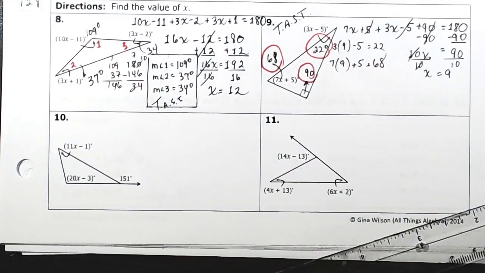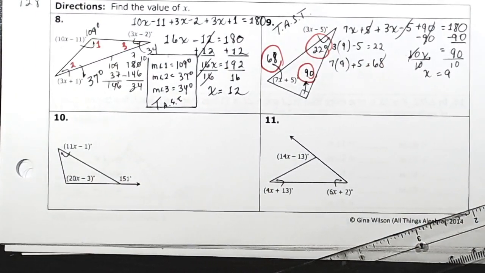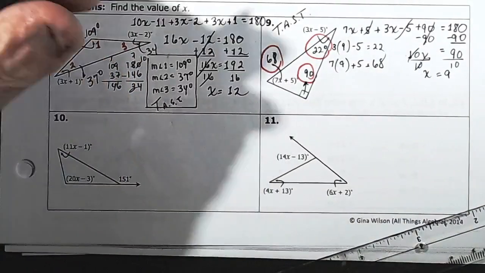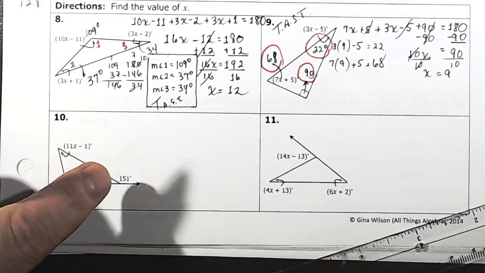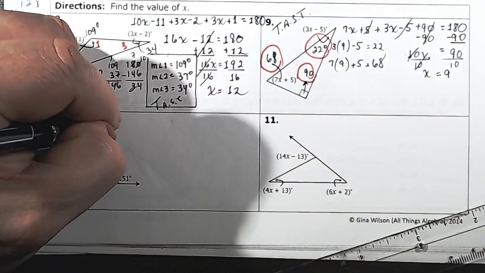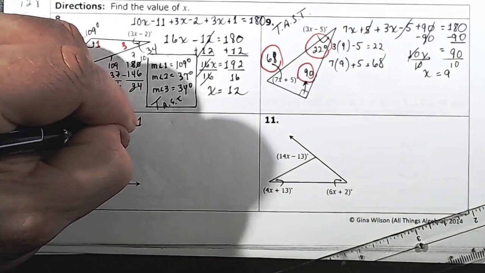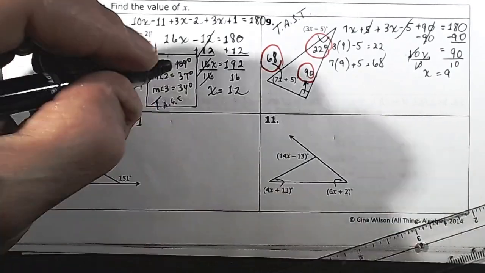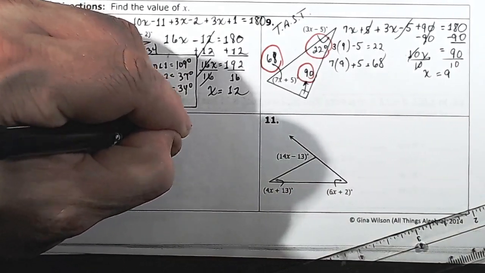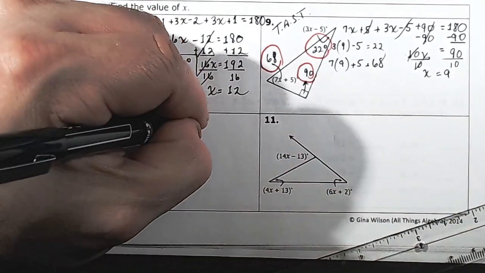Okay, number 10, you have to apply the exterior angle theorem. Remember, the exterior angle theorem, EAT, says that 151 is equal to the sum of the two non-adjacent interior angles. So, what we can do is add these up and set them equal to 151. So that's what I'm going to write here, 11x minus 1 plus 20x minus 3 equals 151.